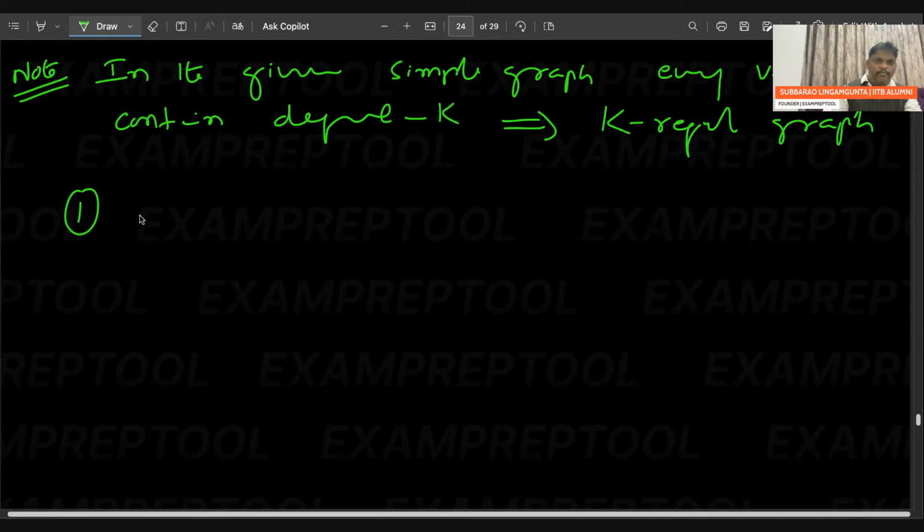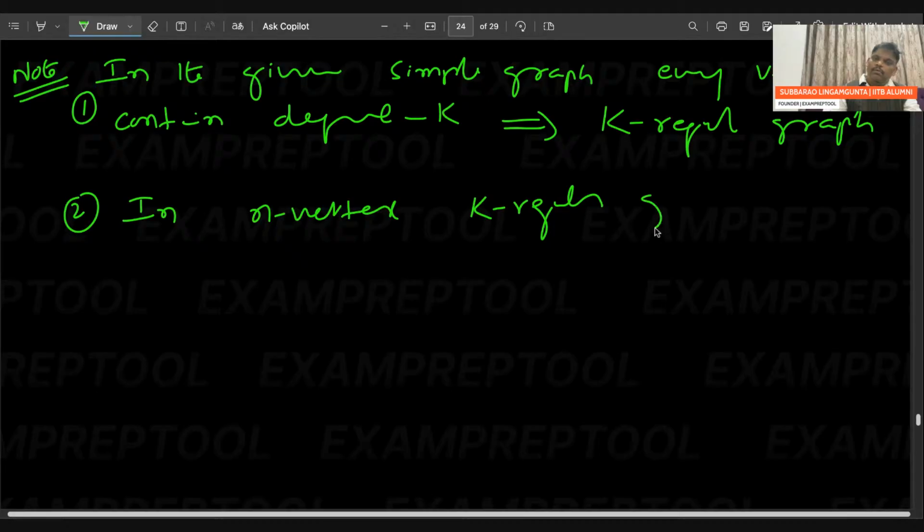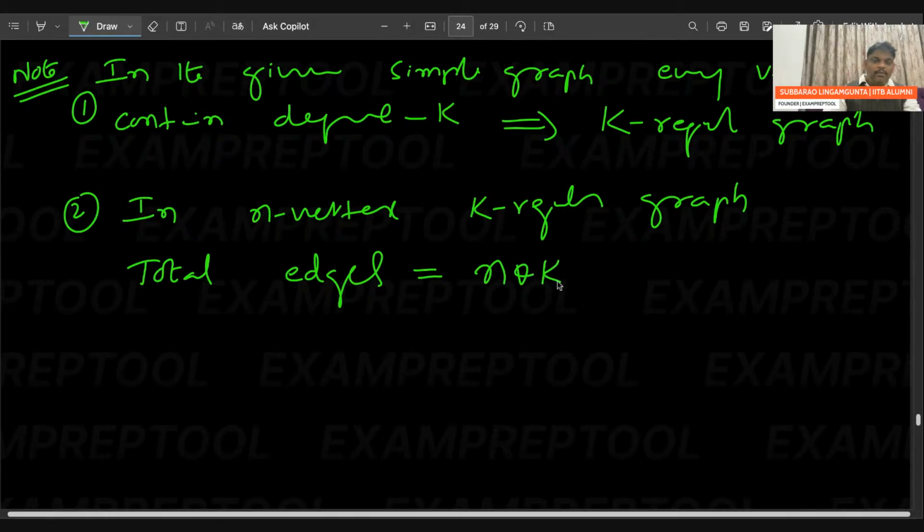So let's see this one. First point. In an n vertex k regular graph, total number of edges is equal to, remember every vertex has degree k, like that n vertices, n into k, it's called the sum of degrees, divided by 2.